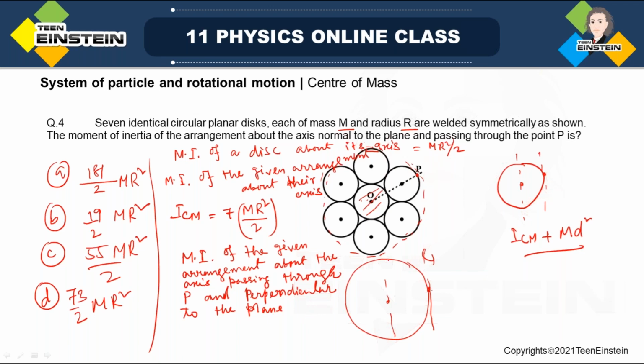That's fine. So look now, when I have calculated the moment of inertia of this arrangement about the center of mass, the whole problem now can be thought of this way.